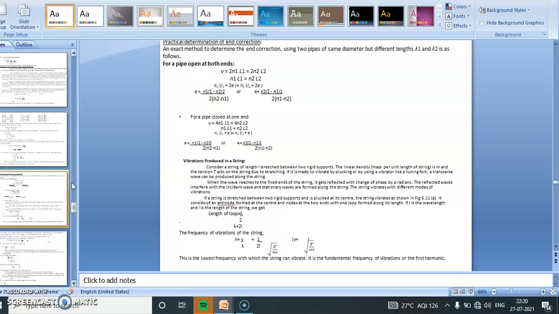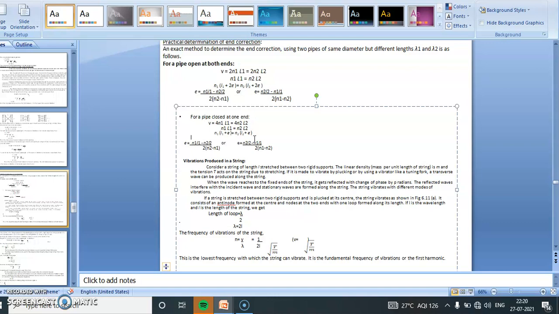So N1 into L1 plus E is equal to N2 L2 plus E. Here we get E is equal to N1 L1 minus N2 L2 upon twice N2 minus N1. Same here, E is equal to N2 L2 minus N1 L1 upon twice N1 minus N2. Here we get the end correction formula.